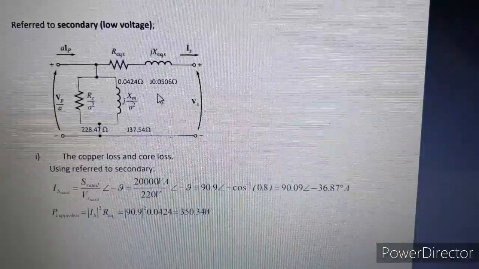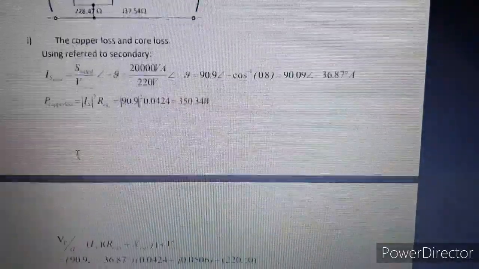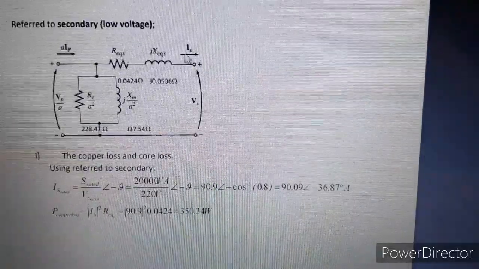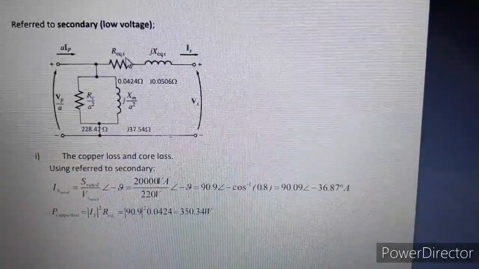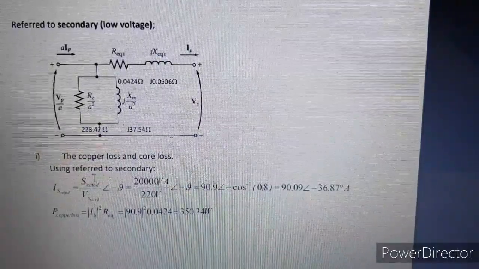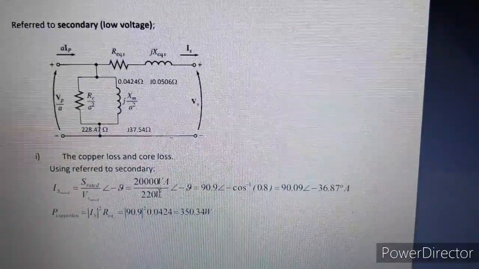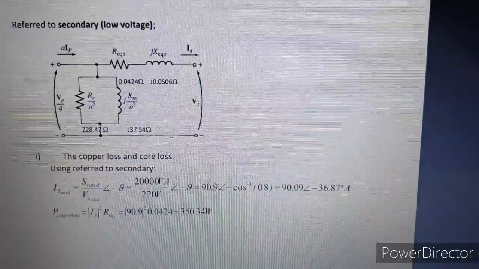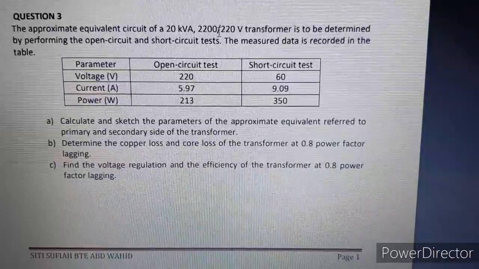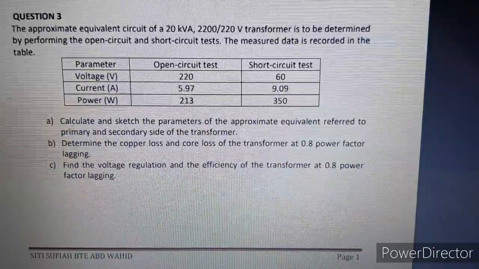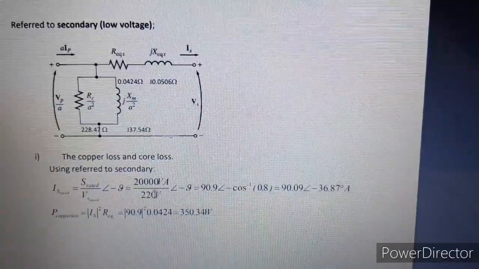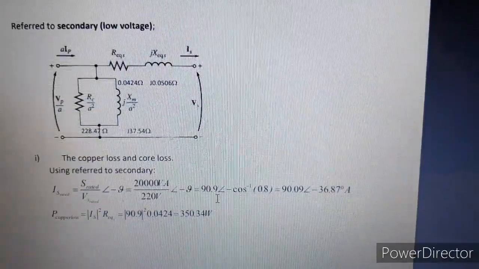To find copper loss, the formula is IS squared times R equivalent S. So you need to find IS rated first. That is from S rated over VS rated, 20K divided by 220. So you get 90.9.